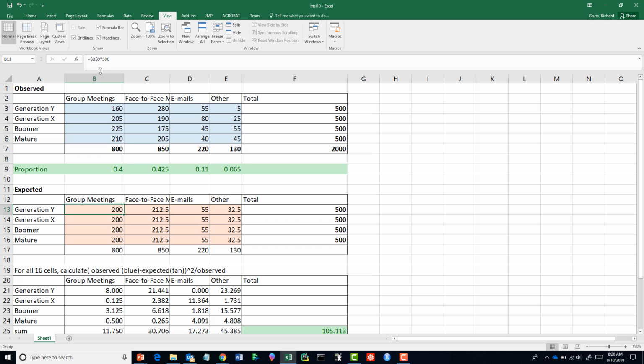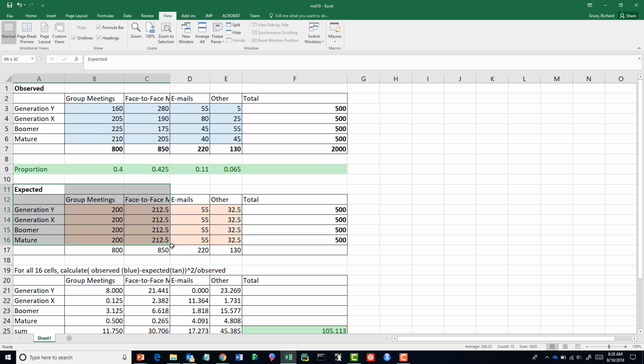So I multiplied cell B9 which is 0.4 times the sample size, which is 500. Okay, so these are my observed frequencies up here, and notice that in blue I marked the 16 cells.